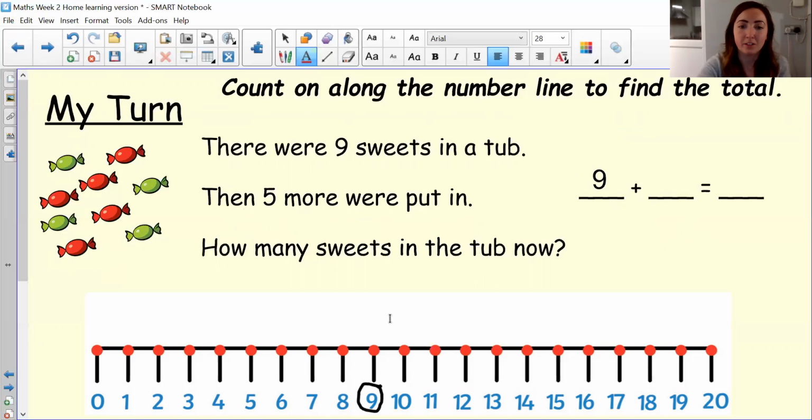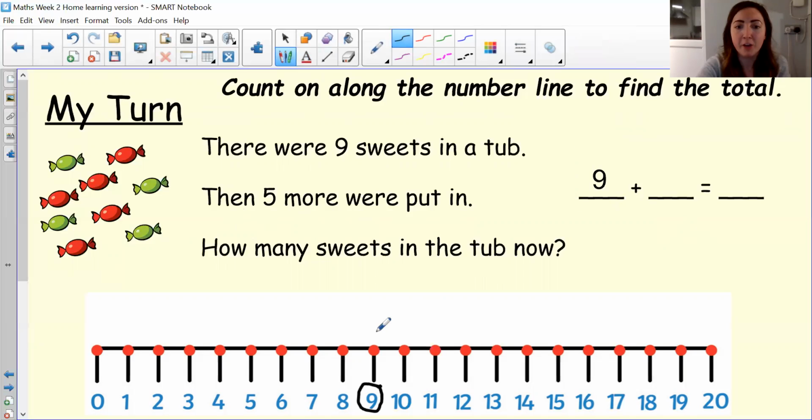I need to make some jumps on the number line. Am I going to be making jumps forward so the numbers get bigger, or am I going to make jumps backwards so the numbers get smaller if I'm adding more? That's right, I'm going to be making jumps forwards on the number line. The numbers need to get bigger.